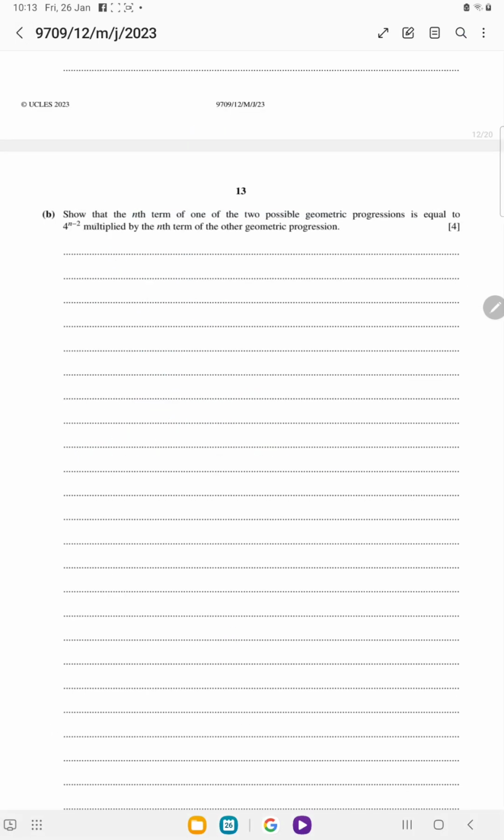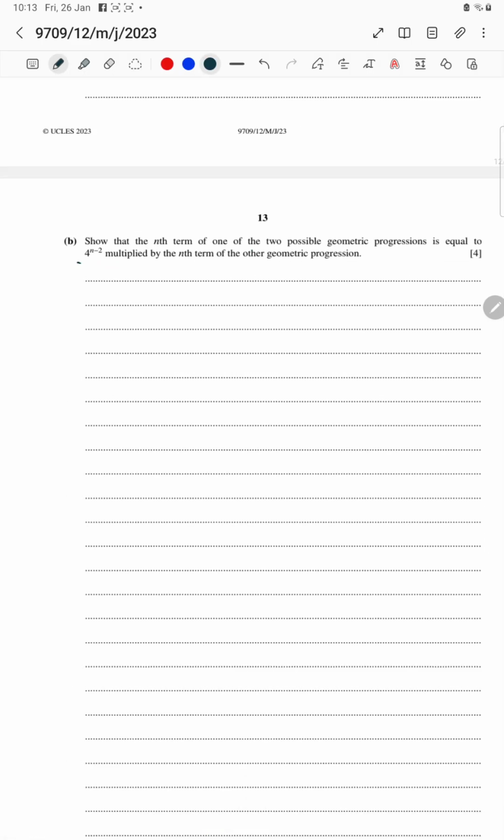Now guys, it's given to show that the nth term of one of the two possible geometric progressions is equal to this. As we know, the nth term of a GP is a_n equal to A R power n minus 1, and it will also be given in the formula sheet if you forget it.